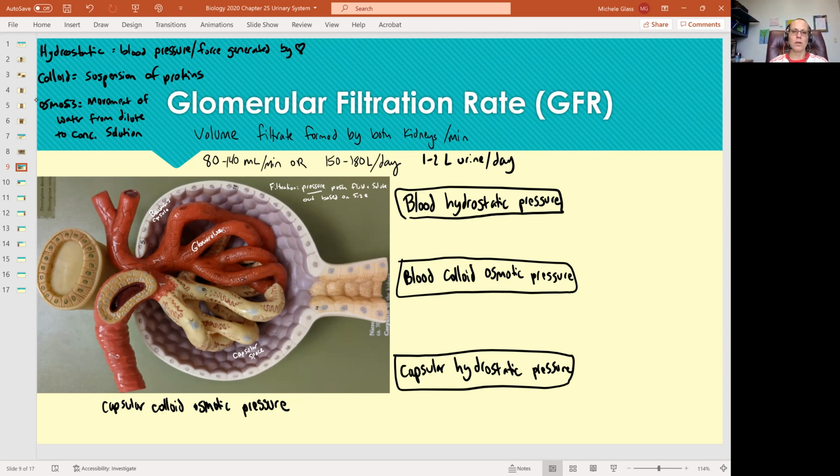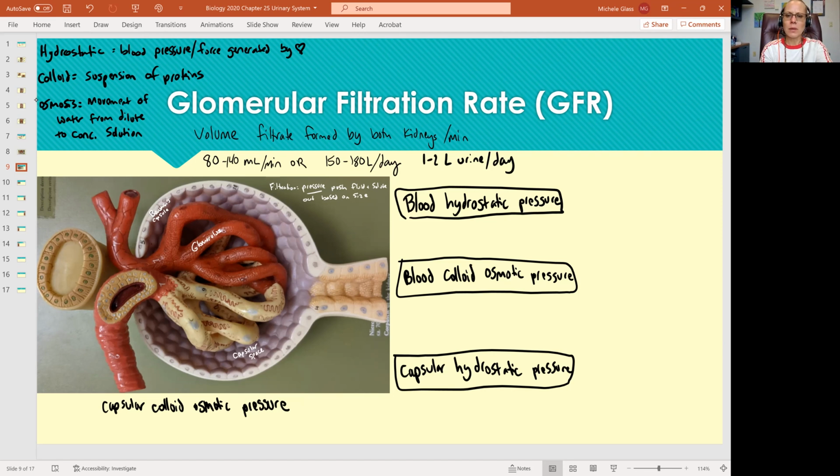Okay. So hydrostatic is force generated by the heart. That's like our blood pressure. I think we already have a concept there in our minds that works really well. Colloid is talking about suspension of proteins, right? And then osmosis is the movement of water from a dilute solution to a concentrated solution.